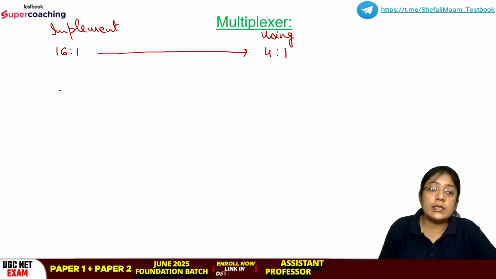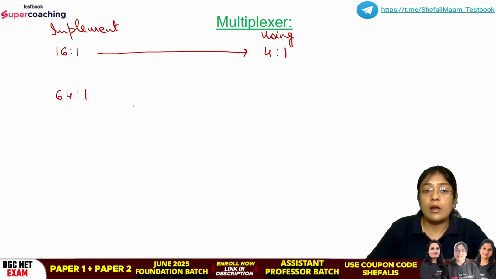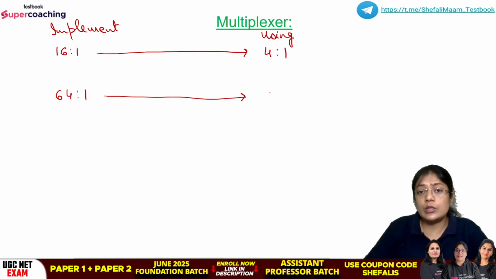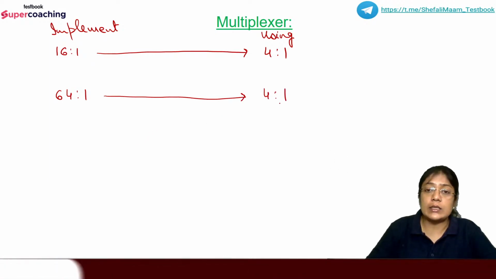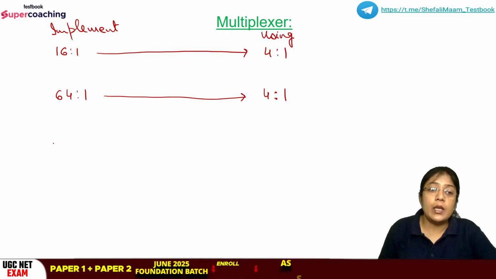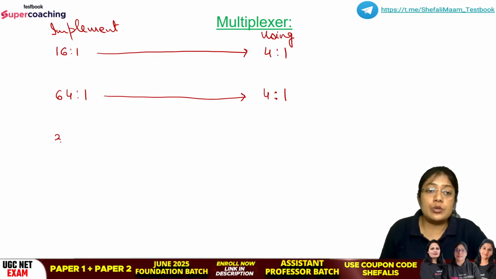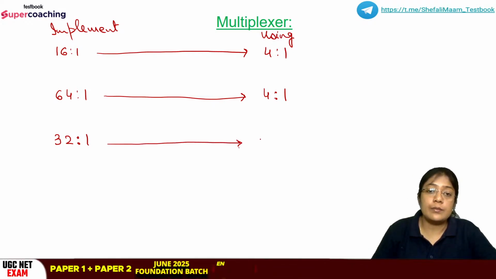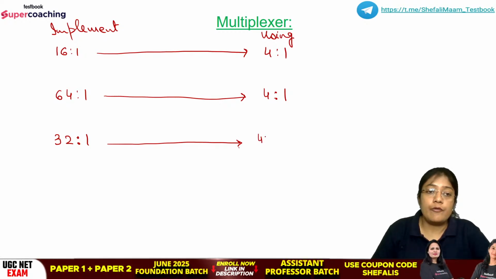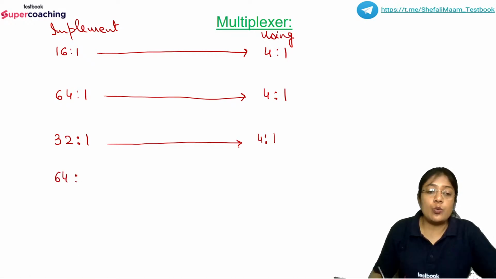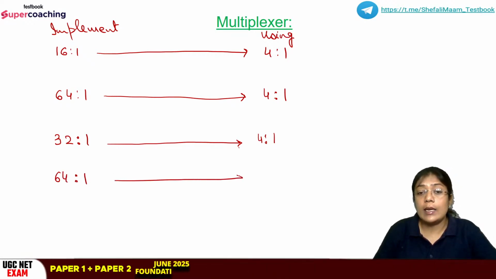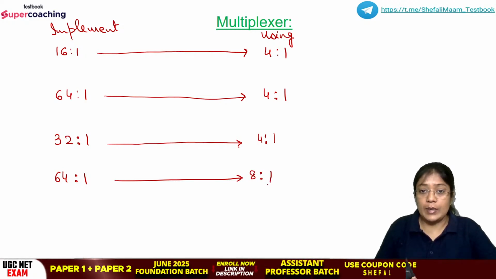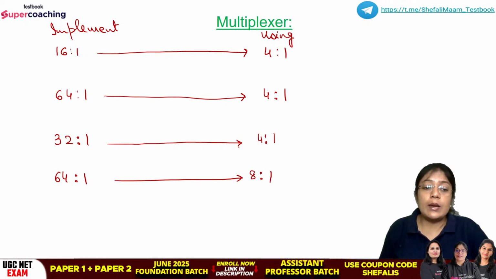I want to implement 64:1 multiplexer using 4:1 multiplexer. I want to implement 32:1 multiplexer using 4:1 multiplexer. 64:1 multiplexer using 8:1 multiplexer. So what will be the number of mux required?